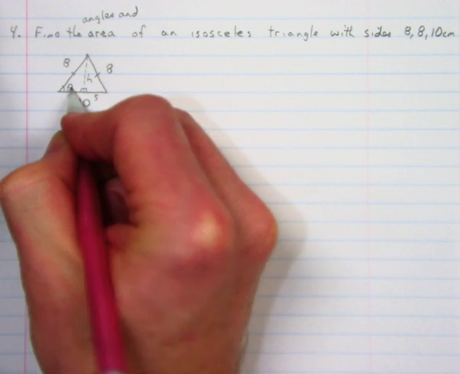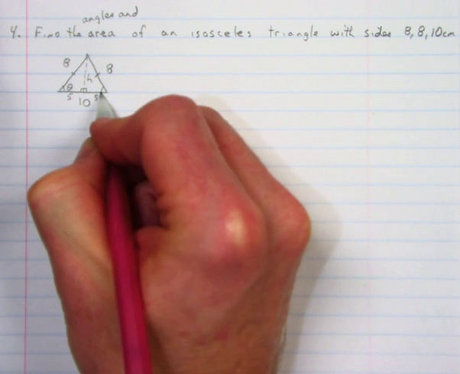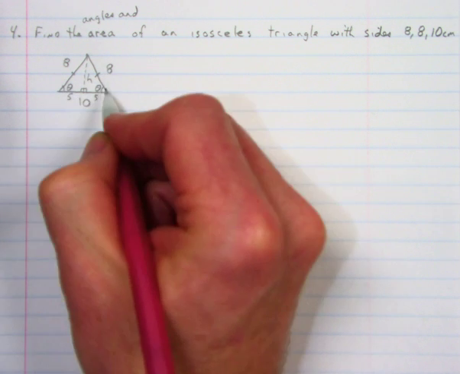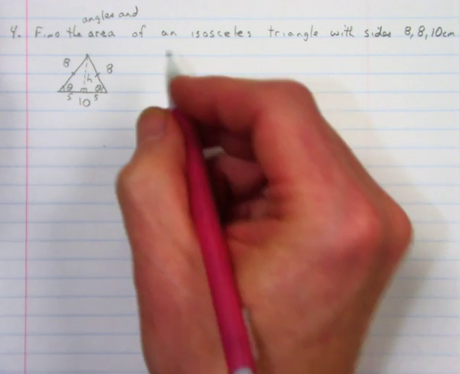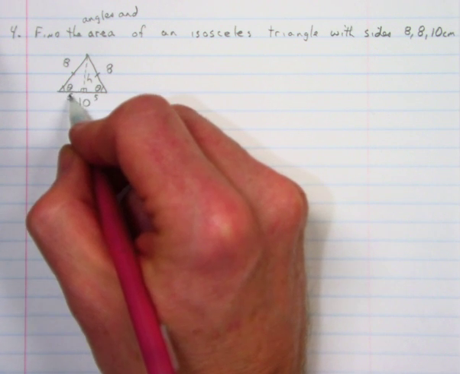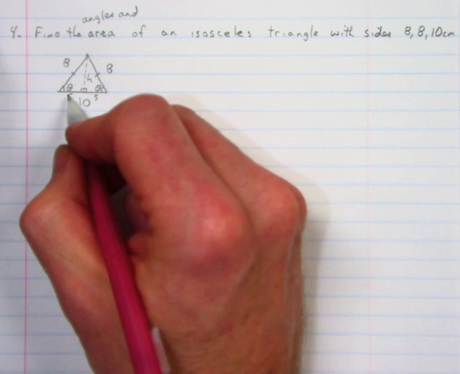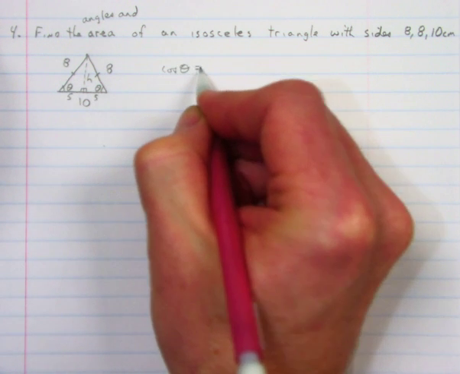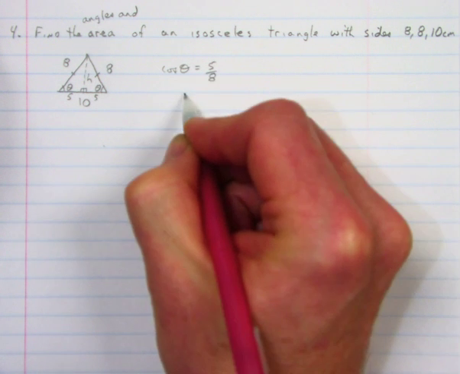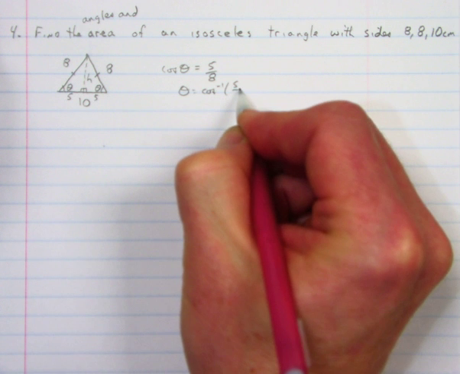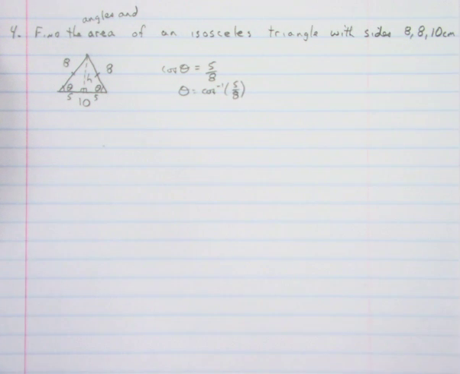Now if I want to find this angle theta, then this is also theta because the base angles are congruent in an isosceles triangle. We can say, what trig function deals with theta? 5 and 8. Well, 5 is the adjacent side, so cosine of theta equals 5 over 8. Theta is going to equal the inverse cosine of 5/8, or the arc cosine.